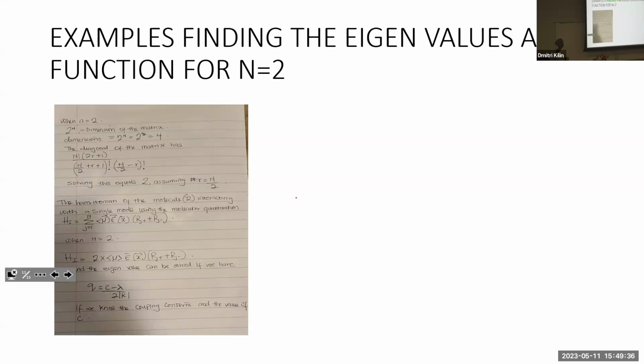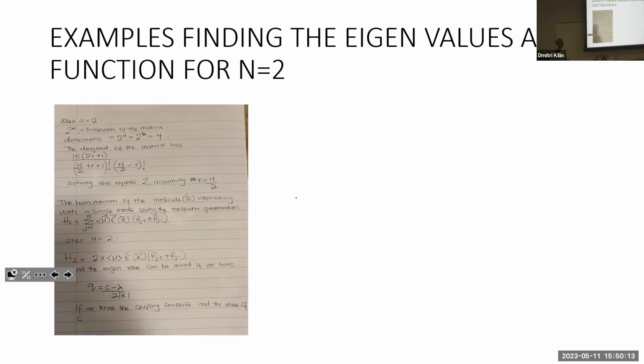And from that, we are able to assume that there were just two blocks in the diagonal based on the formula, assuming R equals n over 2. So the Hamiltonian of the molecule interacting with a single mode, using the molecular quantization explained by Travis, is the summation from J equals 1 to 2. I came up with this, and this is the dipole moment for the system electric field.